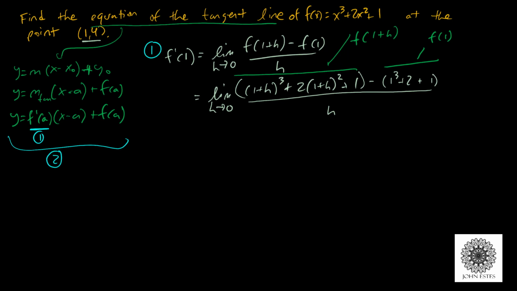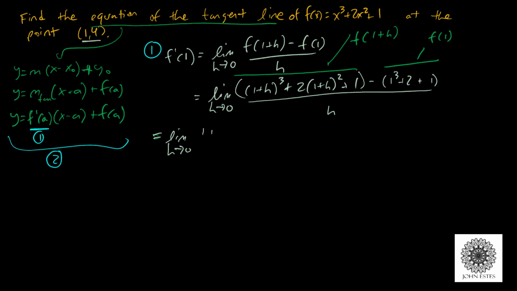Okay, now from there, I can do some expansion on this using something called Pascal's triangle. And so I can say that this is the limit as h approaches 0 of, how do I expand out this 1 plus h cubed? Well, again, it's through Pascal's triangle. It'll look something like this.